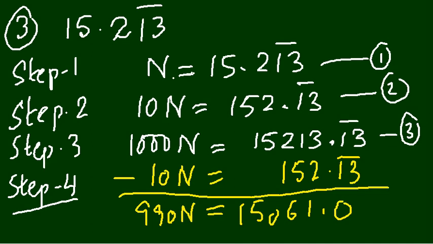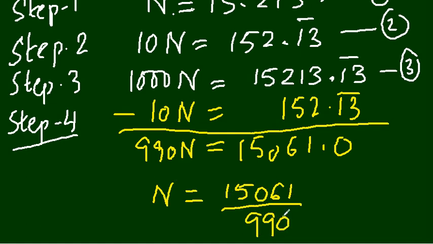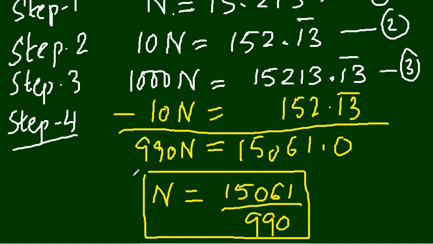And that is nothing but n is equal to 15061 over 990. So see, whatever is the type of decimal, if it is terminating or non-terminating but repeating, you can always convert it into the p over q form. Hope it's clear to you.